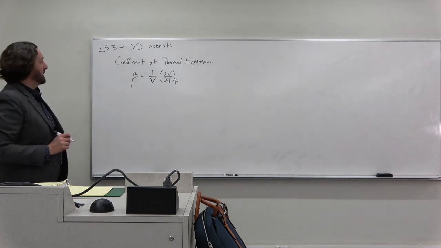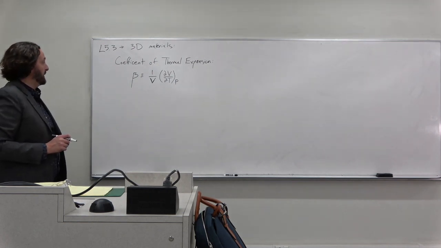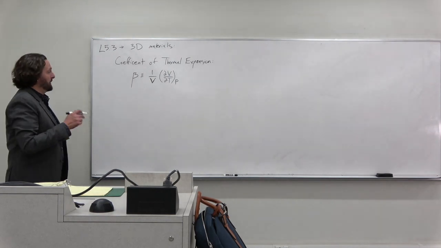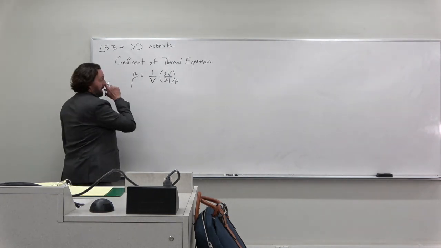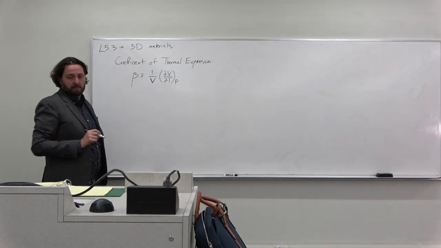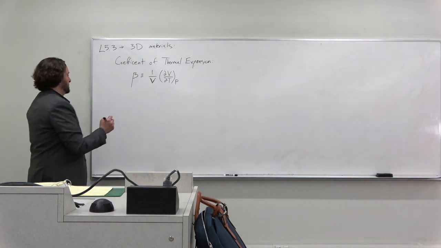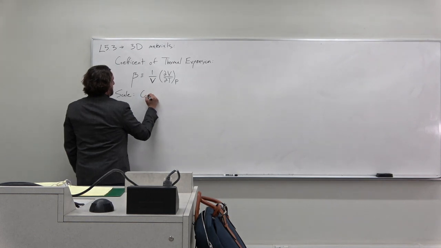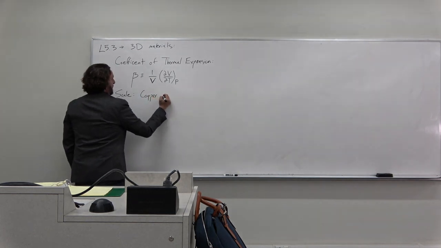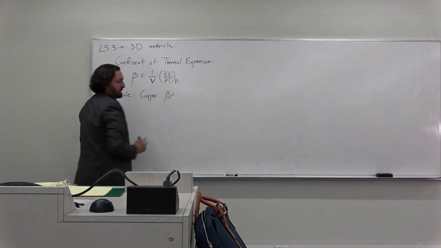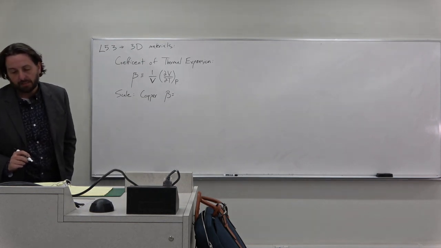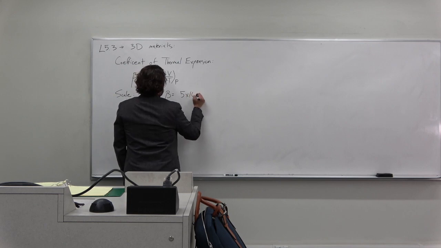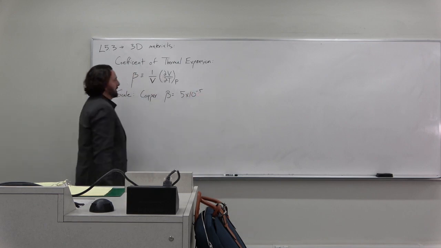Okay, so this will depend on temperature, right? And so we'll have to define it where it is, approximately what temperature. So just for scale, copper, beta is 5 times 10 to the minus 5. And what should our units be?